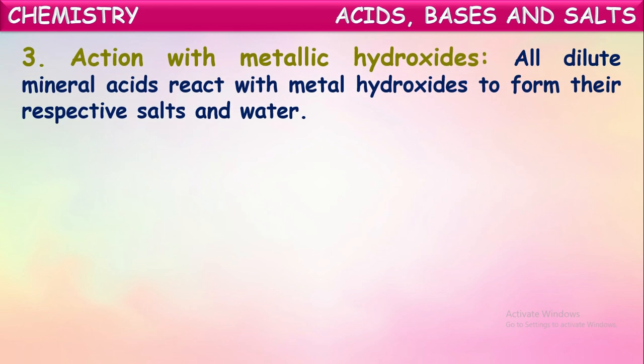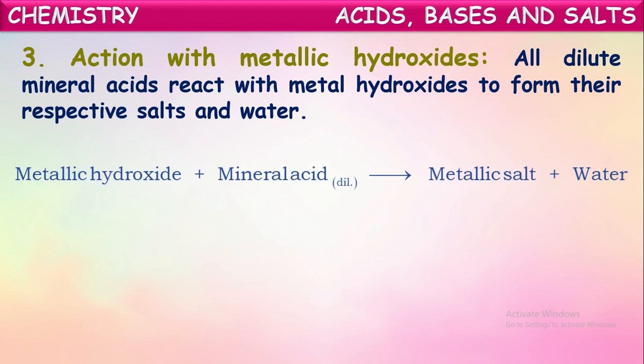Okay. Another reaction: action with metallic hydroxides. These are also called bases. All dilute mineral acids react with metallic hydroxides to form their respective salt and water. So metal oxides and metal hydroxides, both on reaction with acids, form salt and water. This is the equation: metal hydroxide plus mineral acid gives metallic salt plus water.